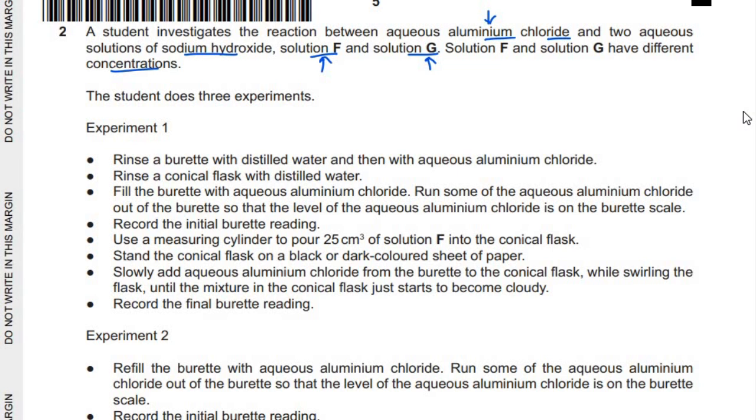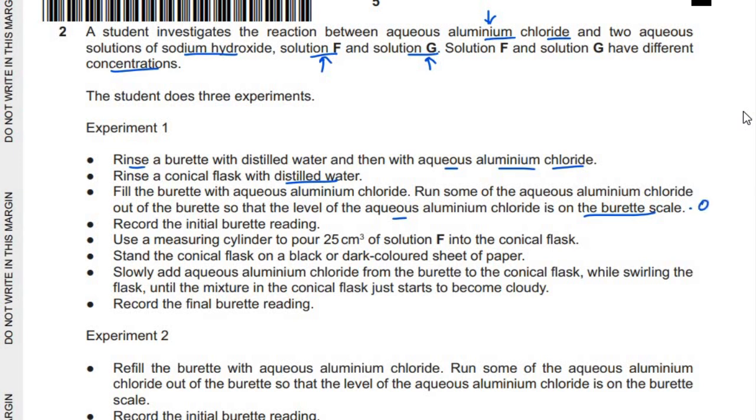Now the experiment description is given here. It says rinse a burette with distilled water and then with aqueous aluminium chloride. Rinse a conical flask with distilled water. Fill the burette with aqueous aluminium chloride. Run some of the aqueous aluminium chloride out of the burette so the level of the aqueous aluminium chloride is on the burette scale.